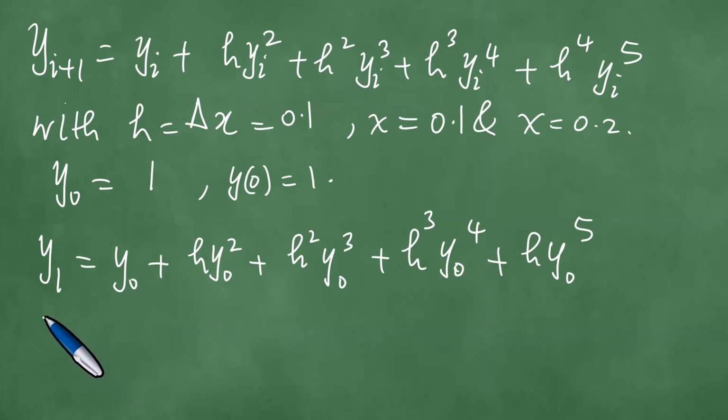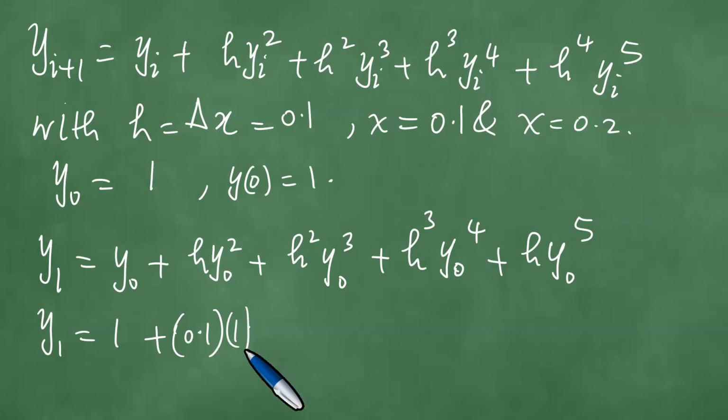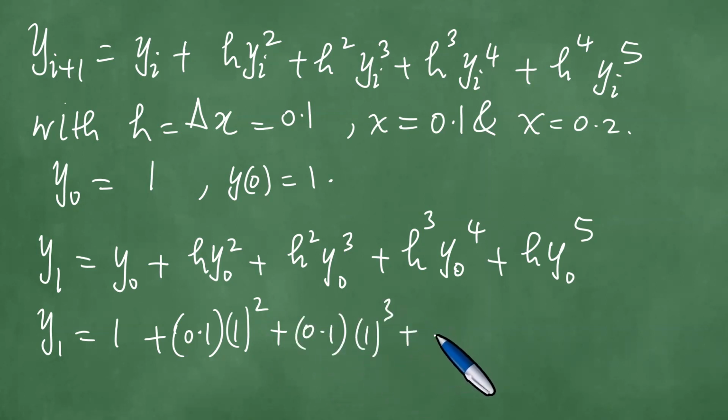So now let us see what we're getting. We're going to get y1, and y0 we already know is actually a 1, because you can see it here. Plus h is 0.1, and y0 is just a 1. And then you have h is 0.1, y0 is a 1 cubed, and then h, or we can put delta x as said already here, squared please.